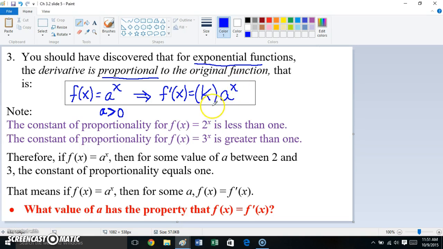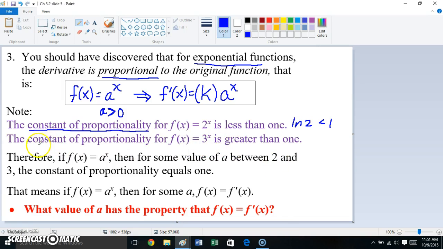As we saw with 2 to the x, the scale factor was the natural log of 2. I'm calling it a scale factor, but it can also be called a constant of proportionality. So the constant of proportionality for f of x equals 2 to the x was the natural log of 2. That was less than 1.